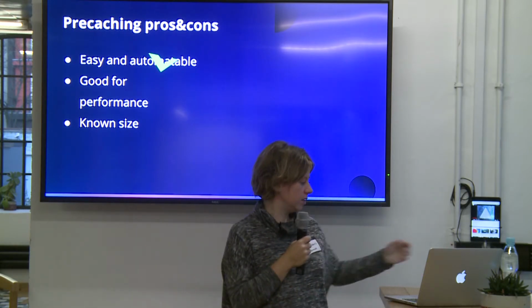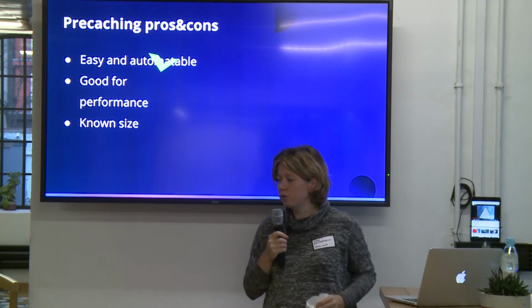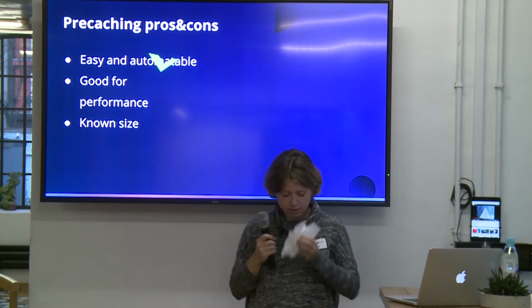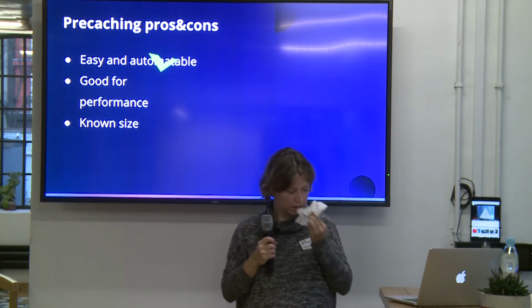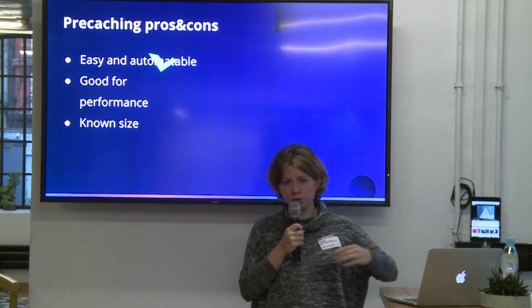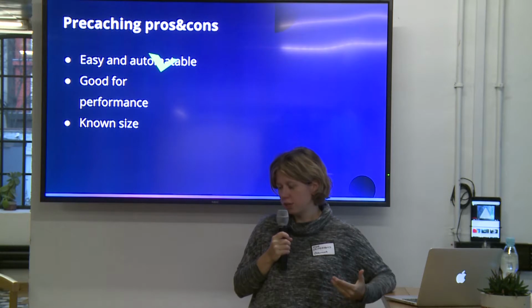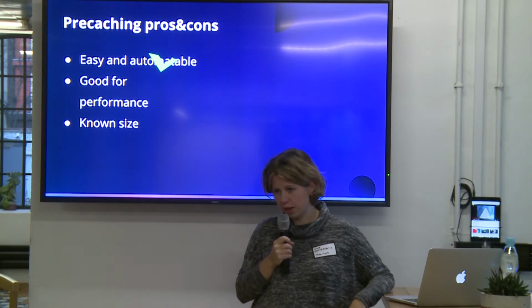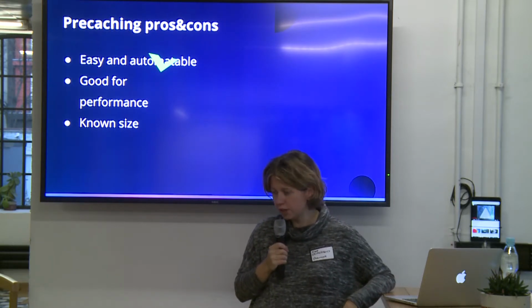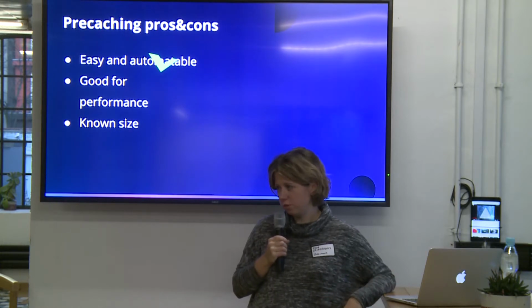So it's good for the performance, and also it's usually a known size. This means that, for example, during your build step, you can just tally all of the resources that you want to precache, and then okay, this will take 1 megabyte of space on the user's device, and you can be happy with that.